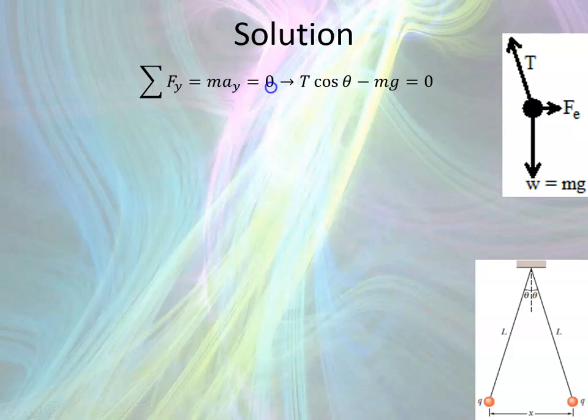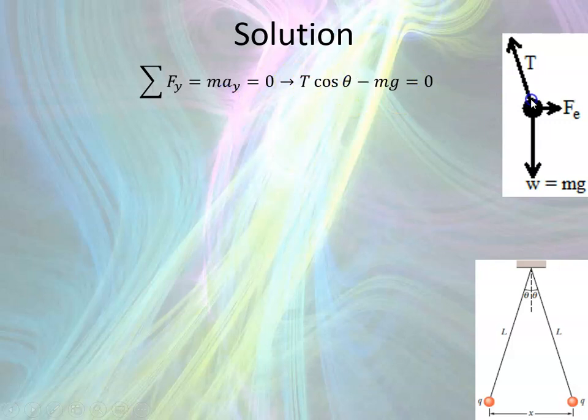Well, what is the net force in the vertical direction? We need to decompose one of our vectors into horizontal and vertical components. The other two already are decomposed. The tension is diagonal. We need to decompose that into horizontal and vertical components. So that tension, well, what about T sub y?